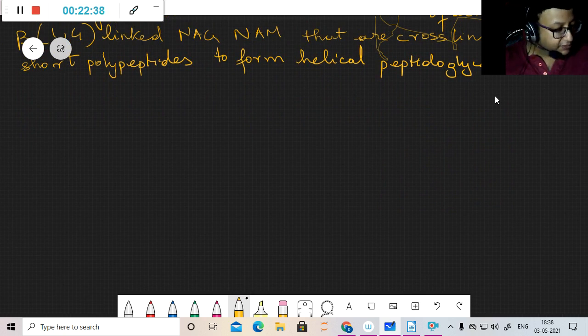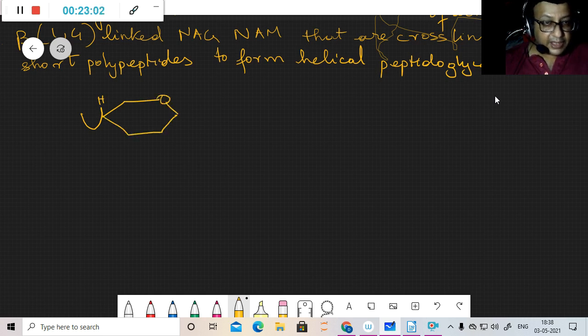So let us have a look at the structure, how it goes. N-acetyl glucosamine is NAG, N-acetyl muramic acid is NAM. I am drawing the structure. You have these glucose units as usual. You have to draw these two glucose units.